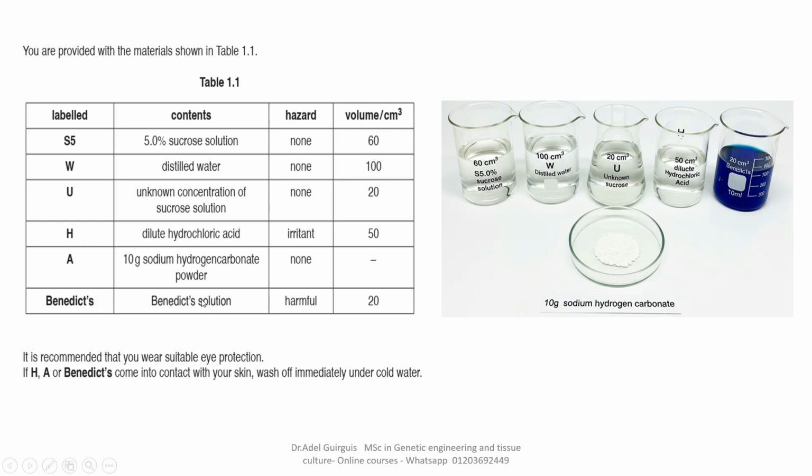As you know, Benedict's solution is dark blue in color. It is also an irritant and harmful, in a volume of about 20 cubic centimeters in your exam. It is recommended that you wear suitable eye protection, eye goggles. If H, A, or Benedict's come into contact with your skin, wash off immediately under cold water. Read step 1 to step 19 before proceeding.